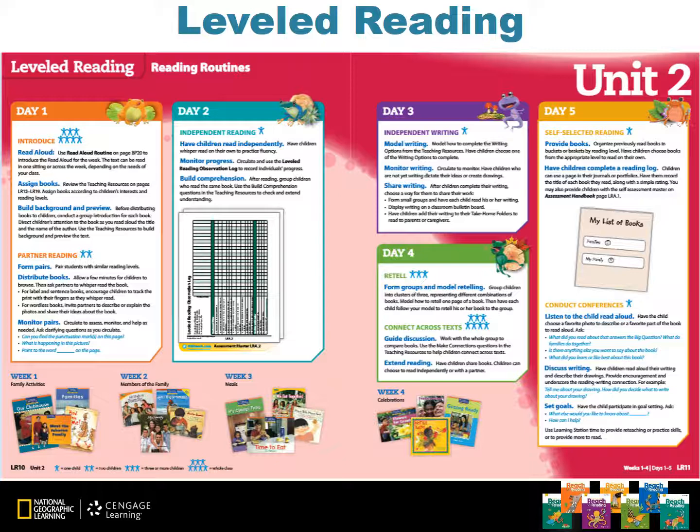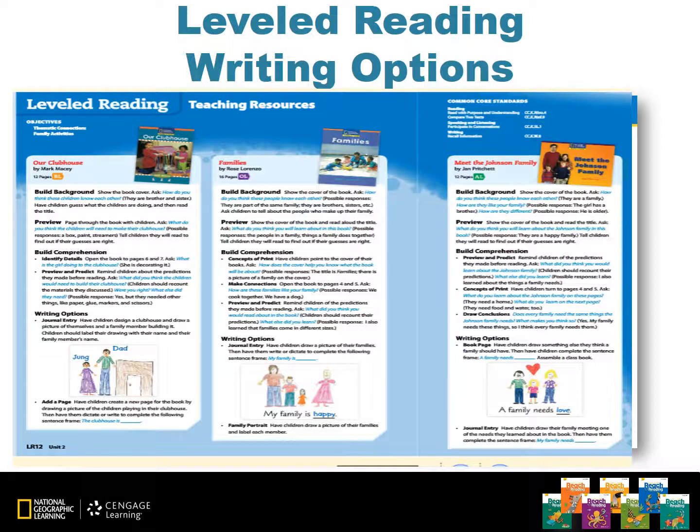Writing opportunities are also found in the leveled reading routines: independent writing on day 3 and discussion of writing on day 5. Writing opportunities are also found in the leveled reading for each text. Notice for each title an overview of the book, including the title, author, page count, genre, content connection, and also a comprehension check to build understanding.